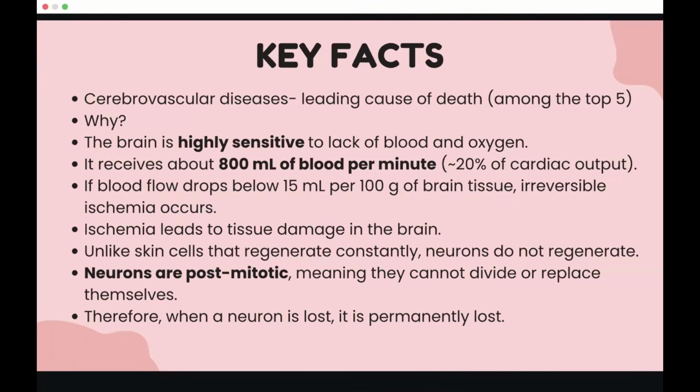And the bad news is that unlike skin cells, which can regenerate constantly even after tissue damage, neurons do not regenerate. Why? Because neurons are post-mitotic, so they do not divide or replace themselves after damage. Therefore, when a neuron is lost, it is permanently lost and cannot be regenerated.